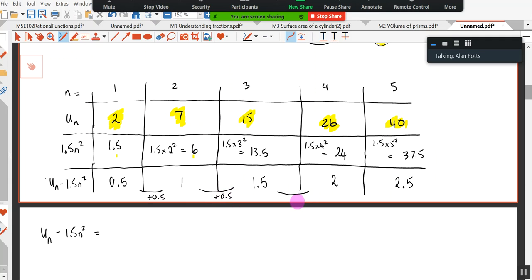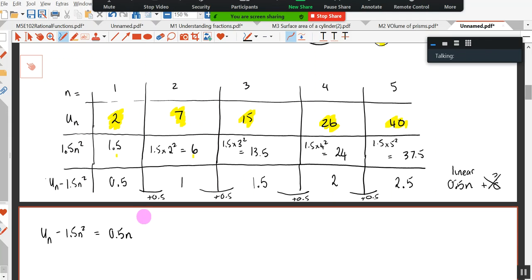So how do you describe that as a sequence? Well, this on its own would be 0.5n because it's a linear thing. And is that it? Do I need to add any constant in or not? Well, 0.5 times 1 is 0.5, so it doesn't look like there's a constant bit at all. So this is our linear part. So this bit here is equal to 0.5 n. Make sense?